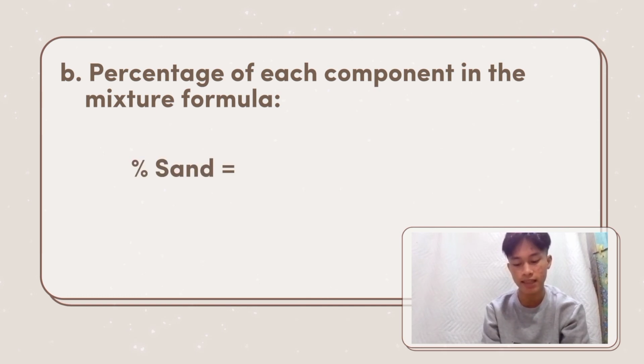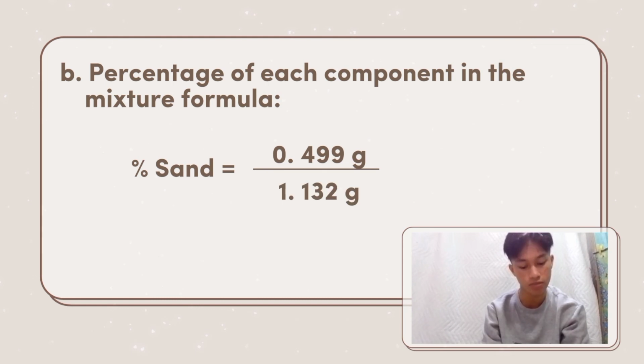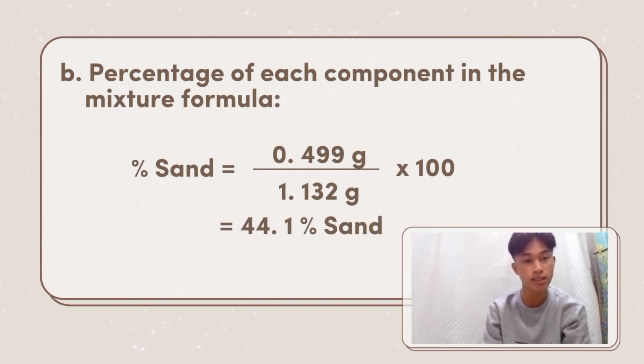For sand, the percent of sand, the grams of sand is 0.499 grams divided by 1.132 grams, multiply by 100 equals 44.1% sand.